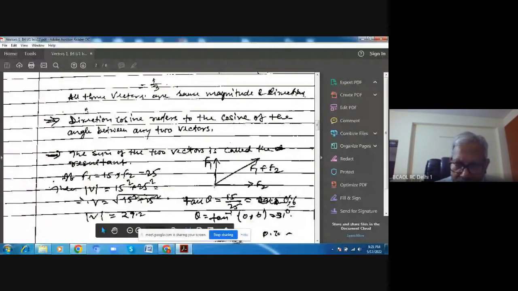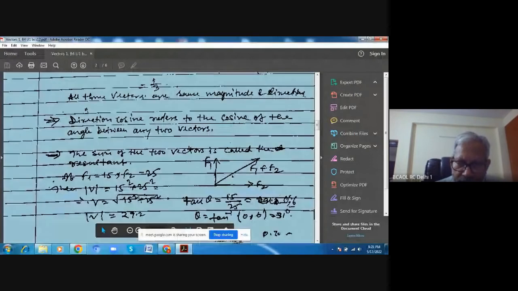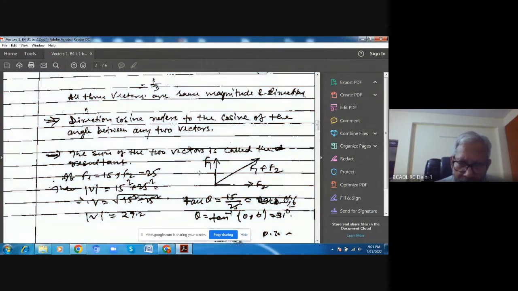Now tan theta in this case is 15 by 25, that is this height divided by base. As we know, tan is always perpendicular by base. So the tan value is coming. So tan theta we can identify here.